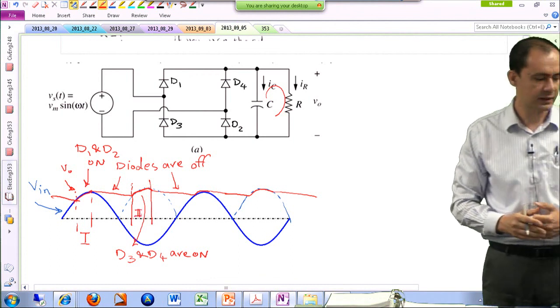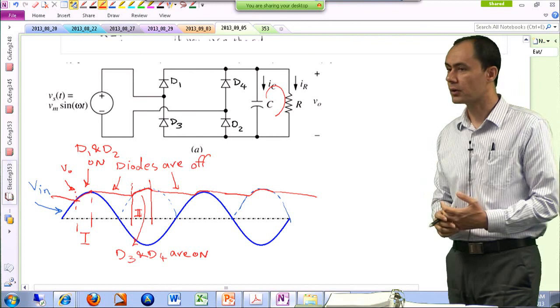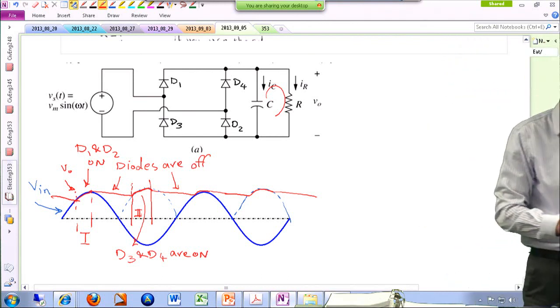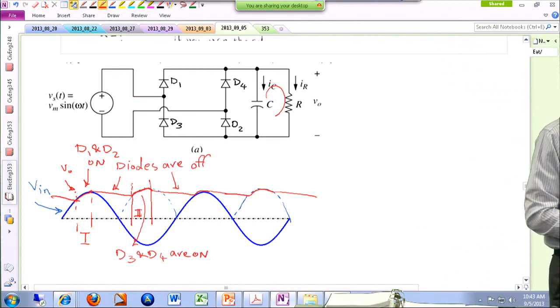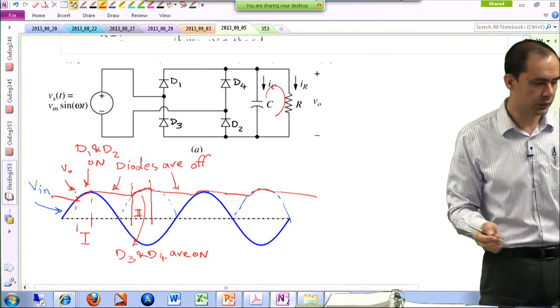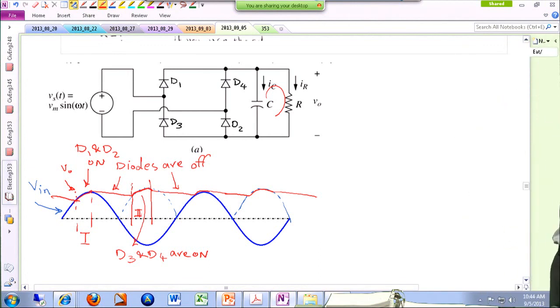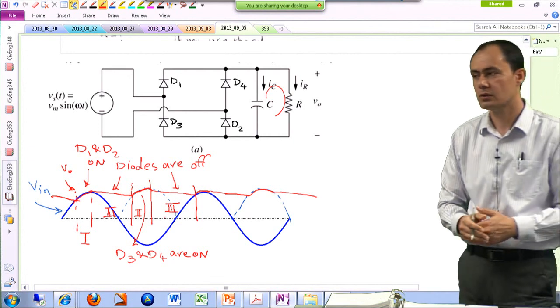In this mode, D3 and D4 are conducting and clamping the output voltage to the input voltage. And otherwise, we are in mode 3. That means all of the diodes are off. So this is mode 3, and this is also mode 3. These are the 3 modes that you can identify.